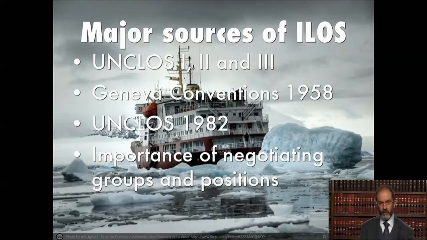Now that package of articles produced by the International Law Commission was then split up into a series of conventions at UNCLOS 1. So you wound up with a series of discrete treaties, for example, on the territorial sea and the contiguous zone, on the continental shelf, on fisheries, and on the uses of the high seas.